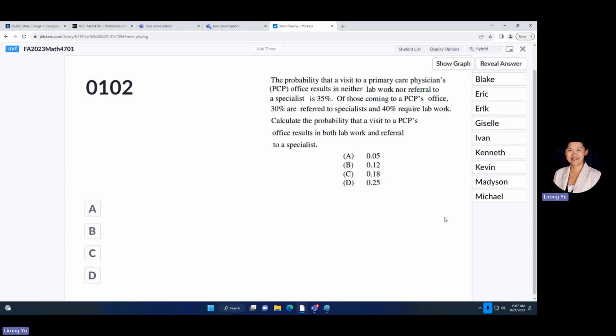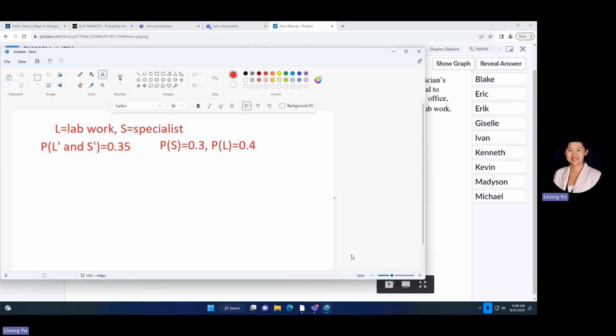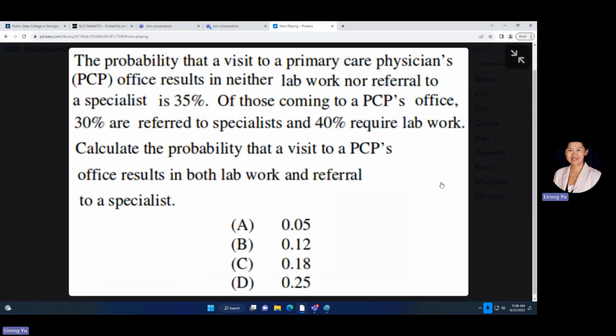And the final question. Now, assuming that we have all the information that we need after reading the whole question, the last question is to calculate the probability that a visit to the PCP results in both lab work and referral. So pay attention to the word and. This is an intersection.